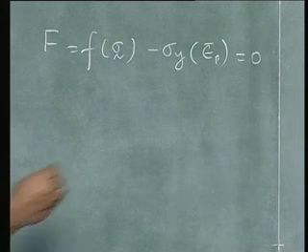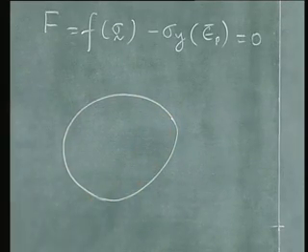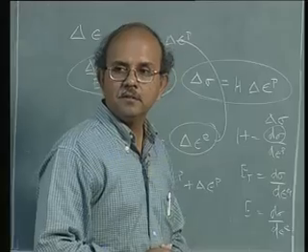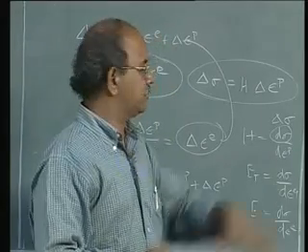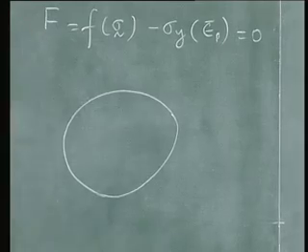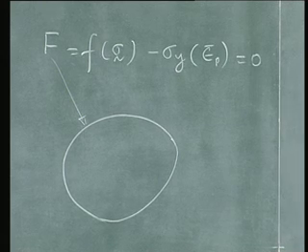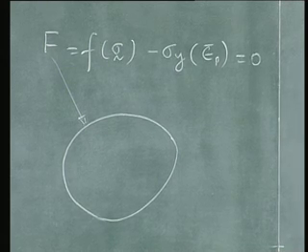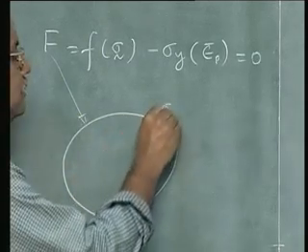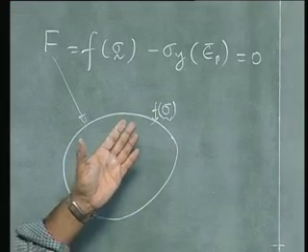Now what does this indicate? This indicates that in a 6-dimensional space we can imagine that there is a surface. Of course this is not 6 dimensions, just a schematic way of representing the yield surface. So this is called the yield surface, designated by F. Points will lie either on the yield surface, which means a combination of the function of sigmas will be on this yield surface.